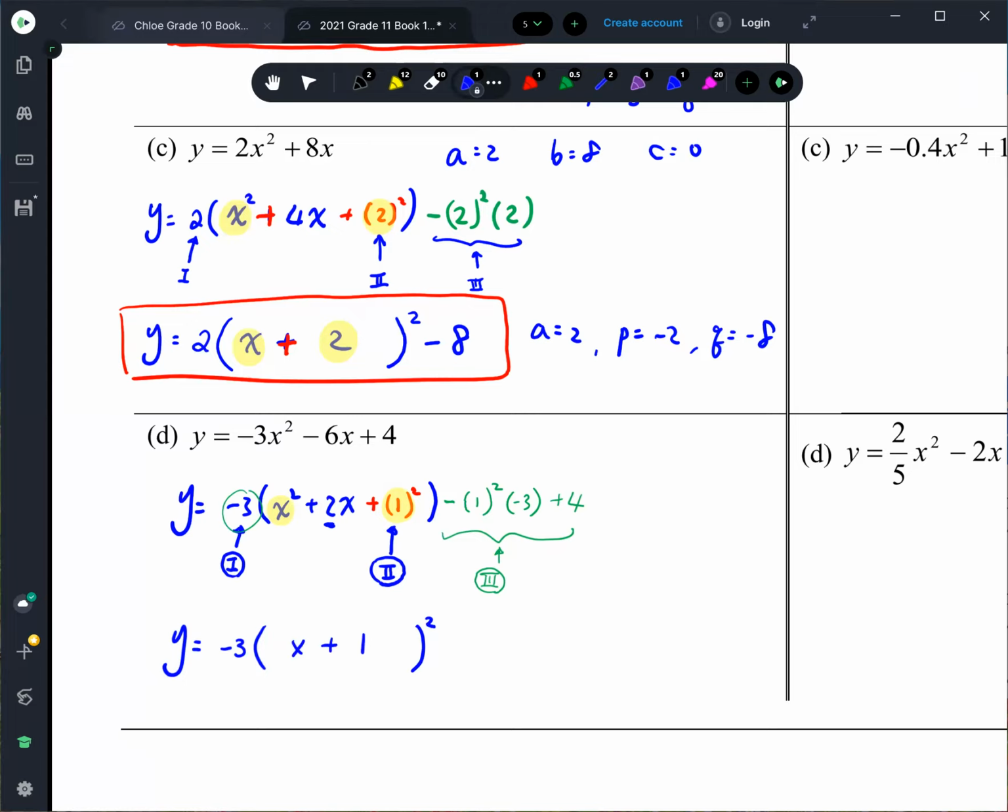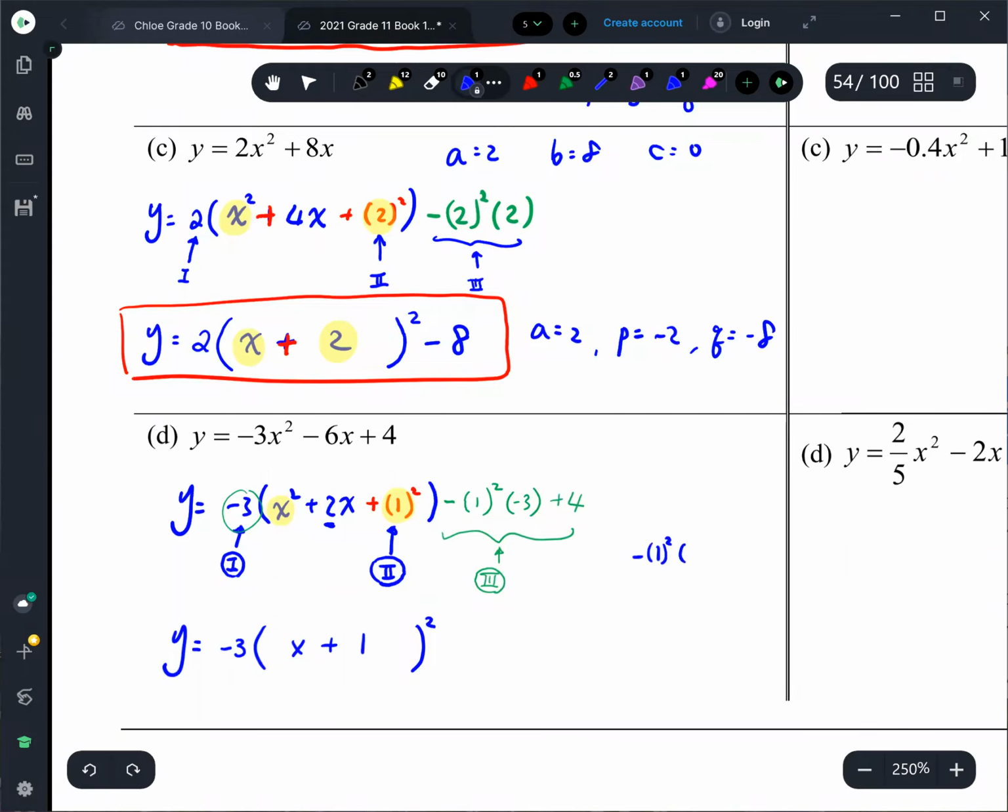Okay, and then we have the outside, the green part. Okay, the green part, you need to follow the order of operations. So Naomi, what does the green part equal? What's the order that you do it? Exponents, then multiplication, and then addition, one by one.